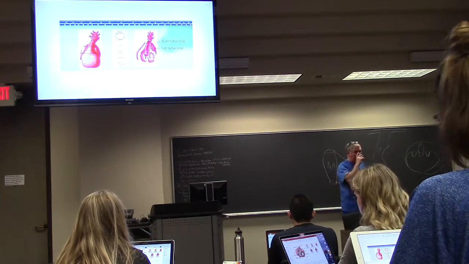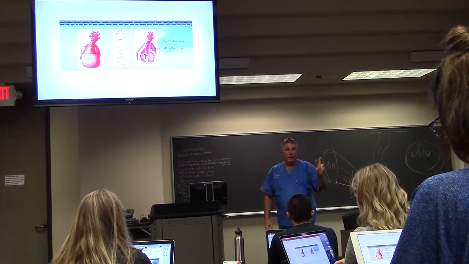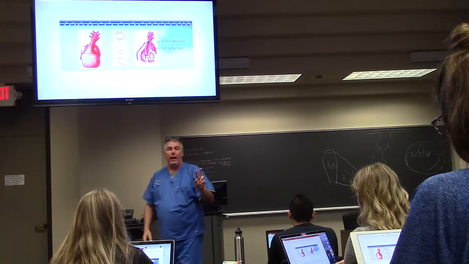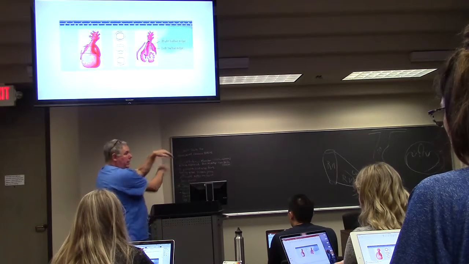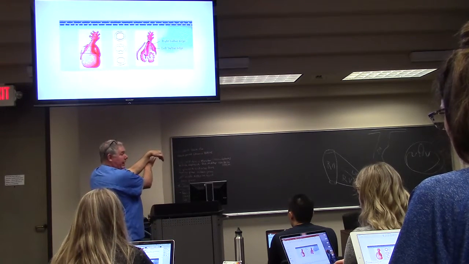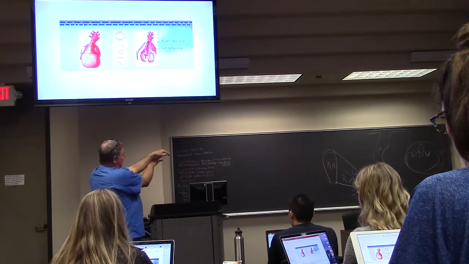We have to do two things here. We have to make two outflows out of that one, and then we have to spiral them, because you know the aorta goes up and over like that, and the pulmonary trunk goes behind it, and it divides into a right and left. So we've got to spiral them.